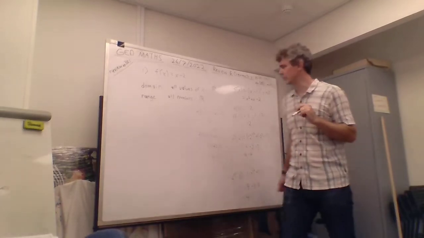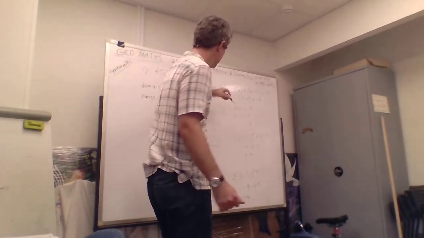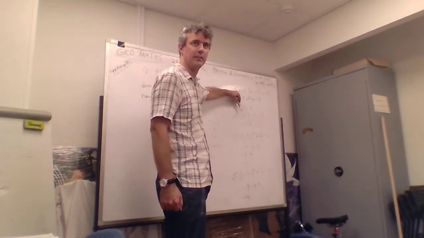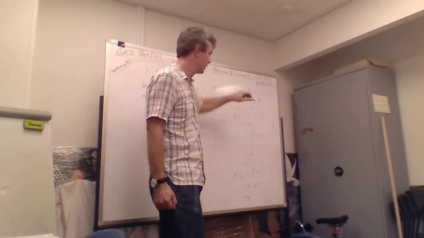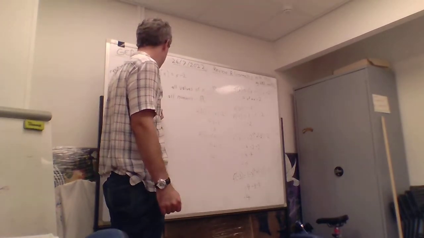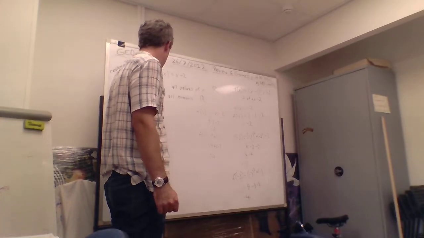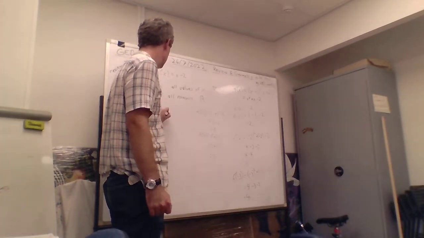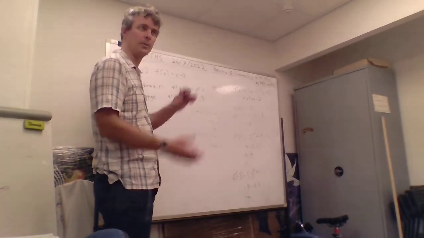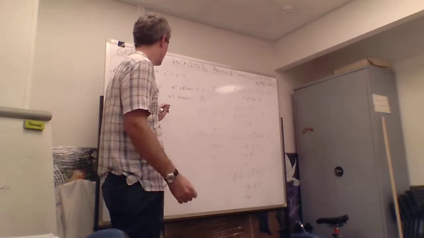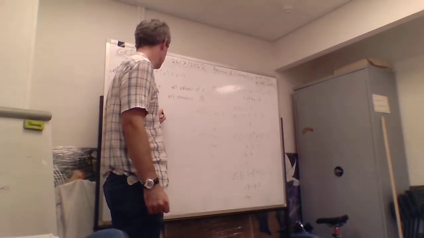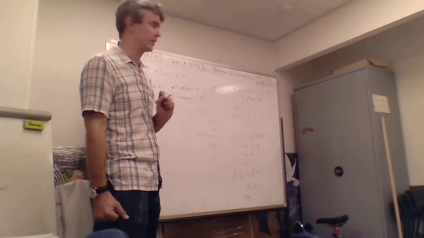Now, there's one question you need to think about. What if we have fractions inside? Right? So what if we have f of 1 over 2? Something between 1 and 0. Or maybe f of negative 1 over 2. Let's try that. Okay?